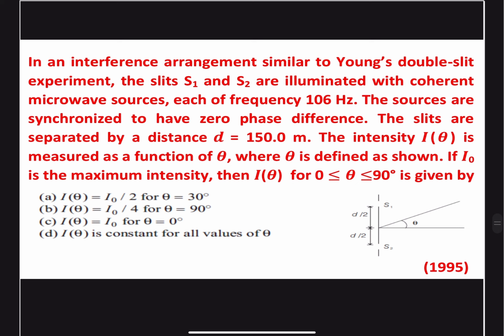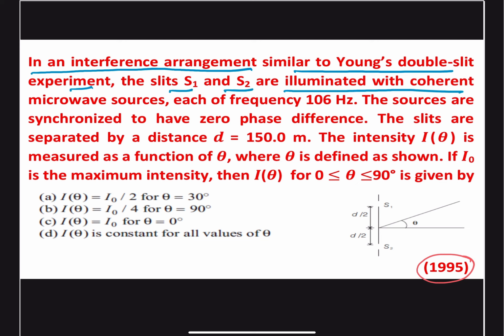So here it was asked in the year 1995 and states that in an interference arrangement similar to Young's double slit experiment, the slits S1 and S2 are illuminated with a coherent microwave source, each of frequency 10⁶ Hz. The sources are synchronized to have a zero phase difference.